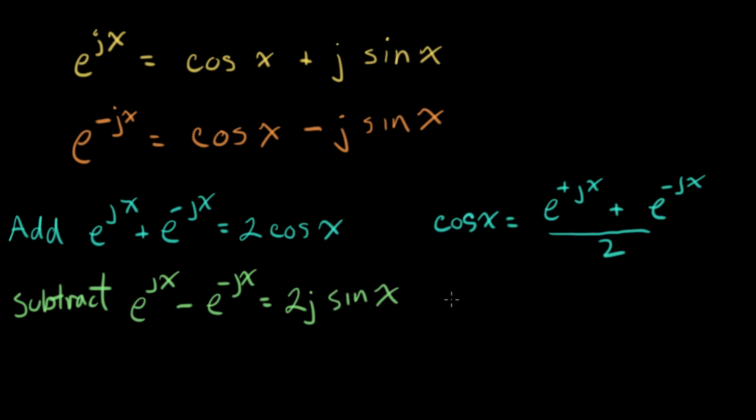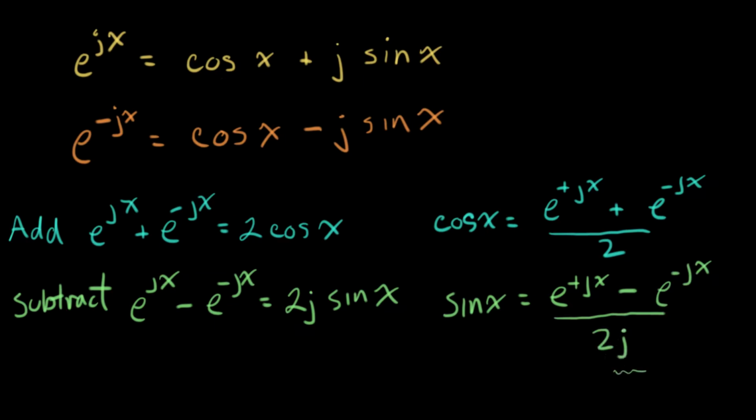All right, and that means I can write sine x equals e to the plus jx minus e to the minus jx over 2j. And it's real easy, that j term is down there. That's easy to forget sometimes.